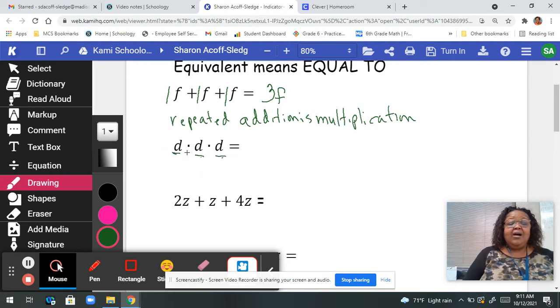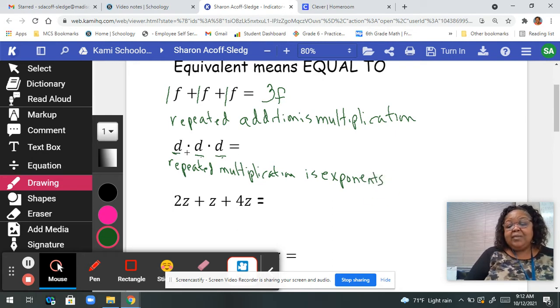And you may recall that repeated multiplication is exponents. So when we multiply same bases, we add the exponents. So this is, somebody might be saying, I don't see an exponent.